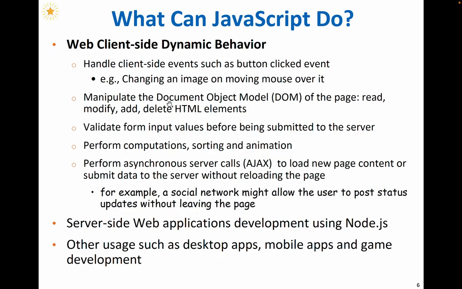Well, on the client side, we can handle the client side events, like when a button is clicked, you want to change the image and so on. So make it more interactive. And also we can even manipulate the document object model so that we can add, modify, delete HTML elements, so you can literally change the content of your web page.